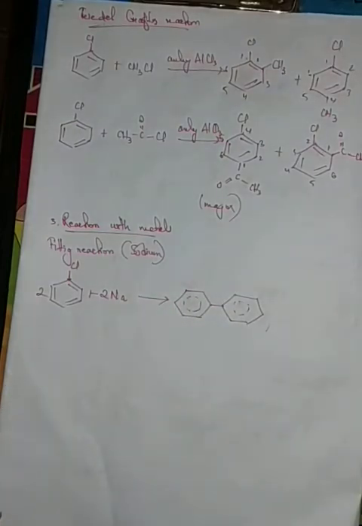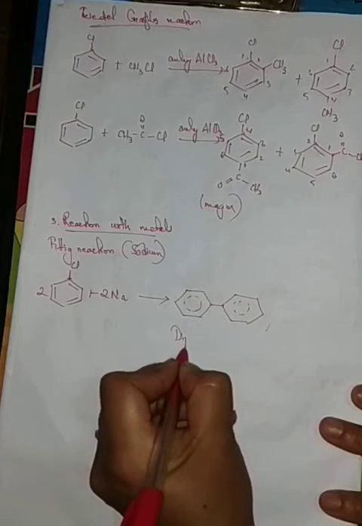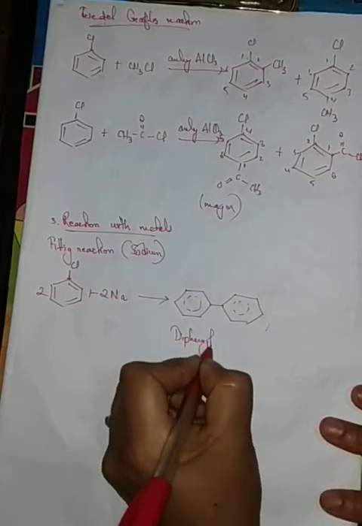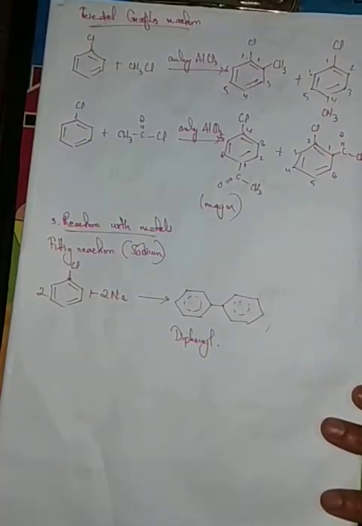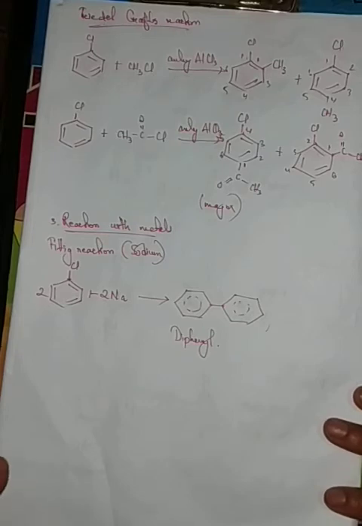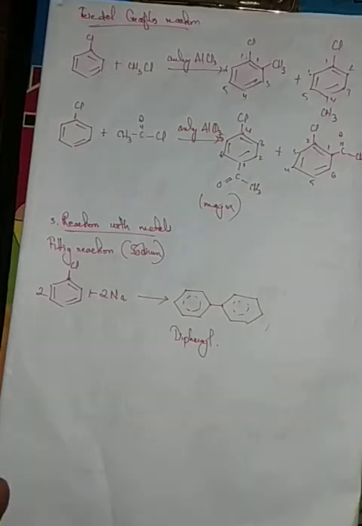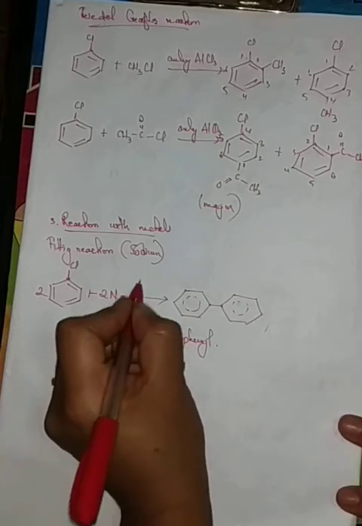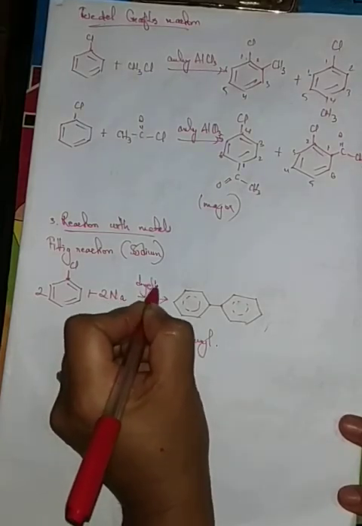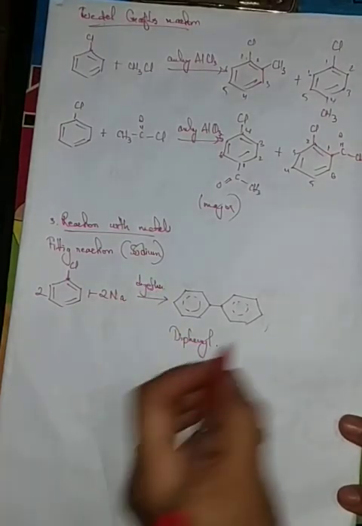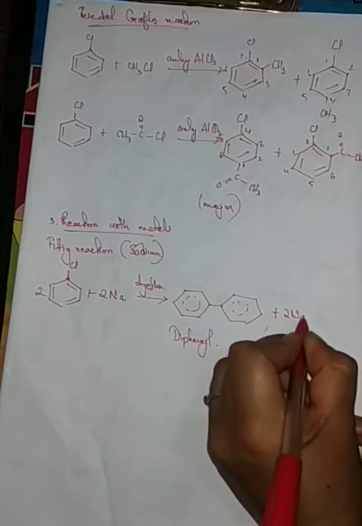This is known as our Fittig reaction. That means when aryl halides are treated with sodium in the presence of dry ether, they give analogous compounds. This is known as the Fittig reaction, with 2 moles of NaCl.